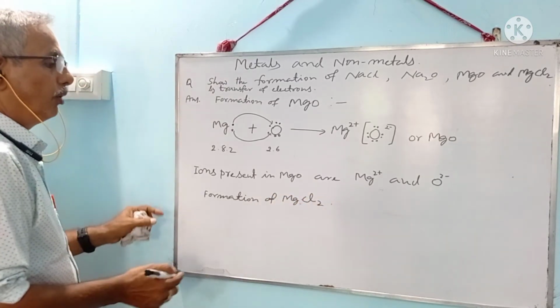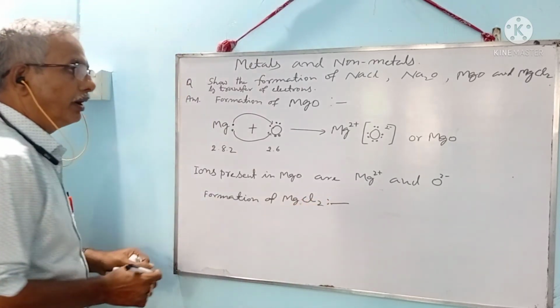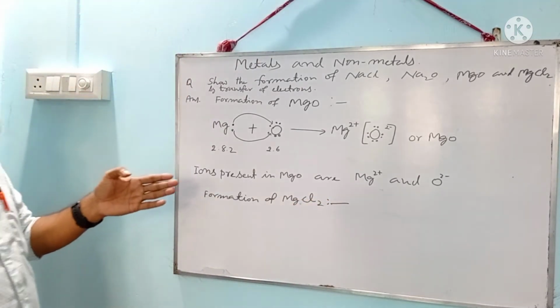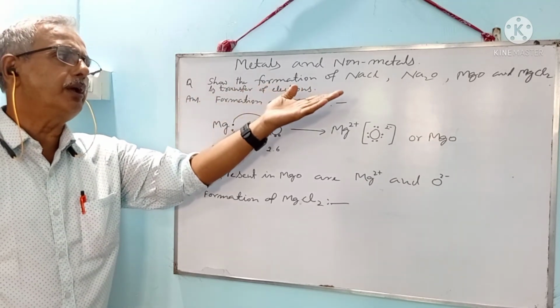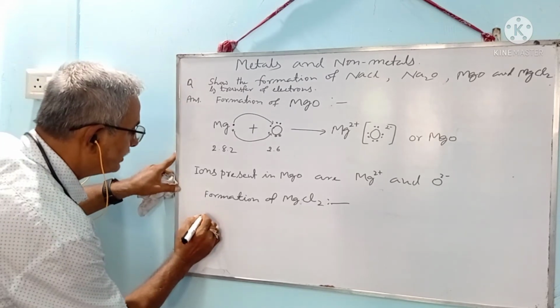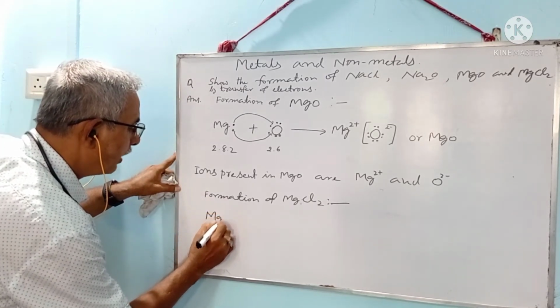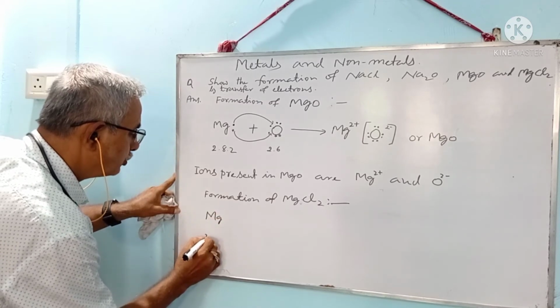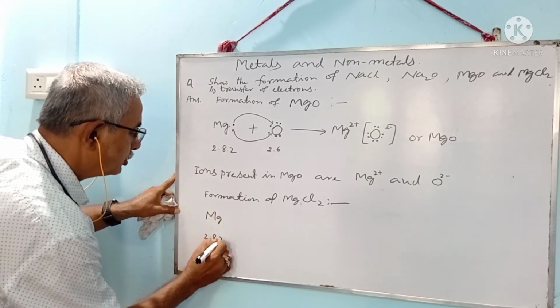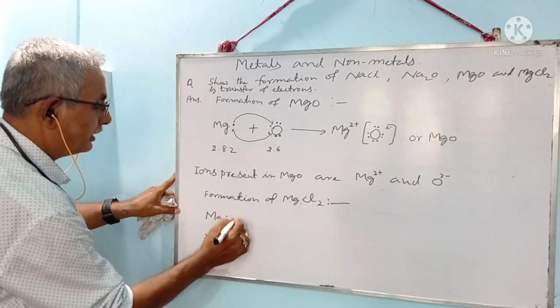Here one atom of magnesium combines with 2 atoms of chlorine. Here you see magnesium. What is the atomic number? That is 12. How can you write? 2, 8, 2. 2 electrons you have to write like that.